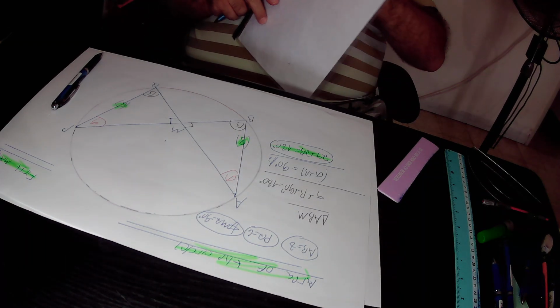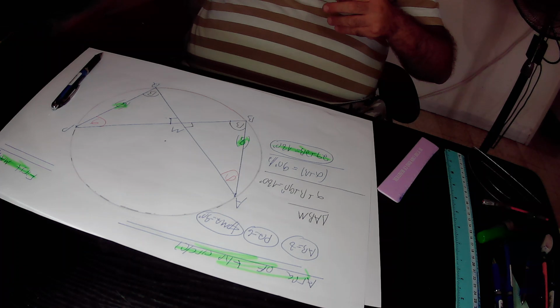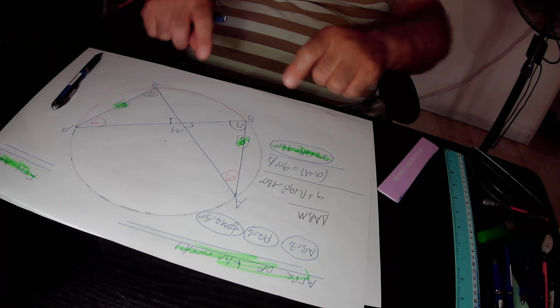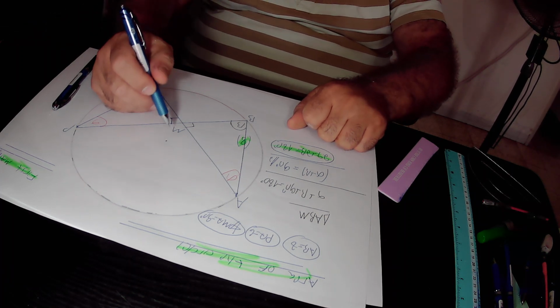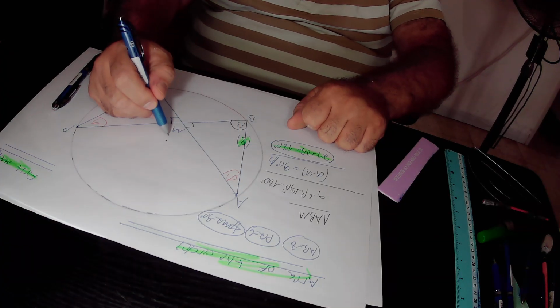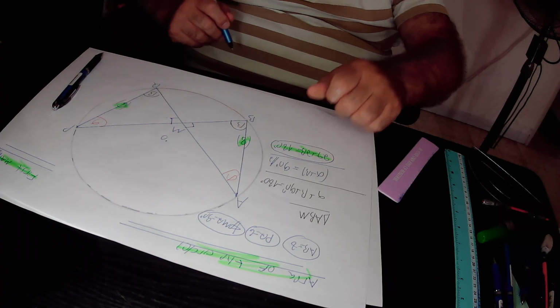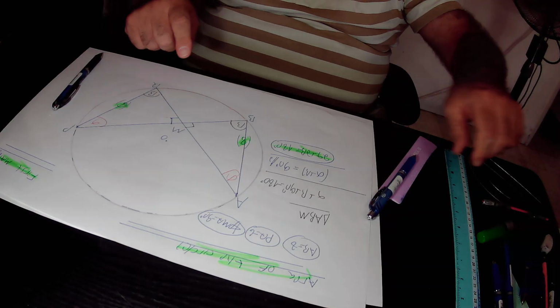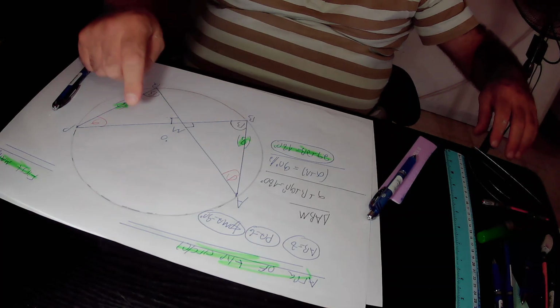So in the next step, we will create two central angles. We define the center of this circle. This point is point O. We will create central angle AOP.